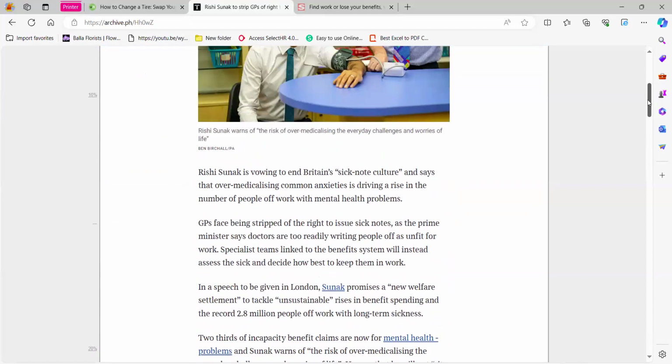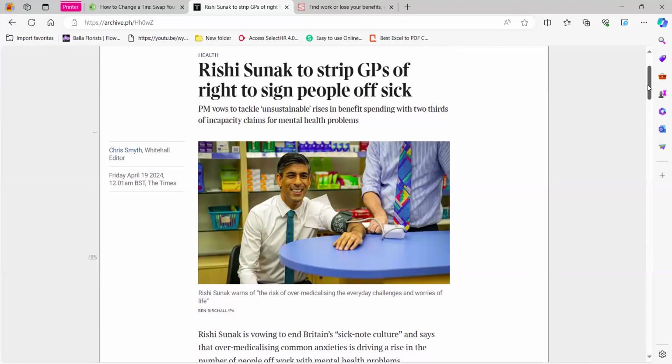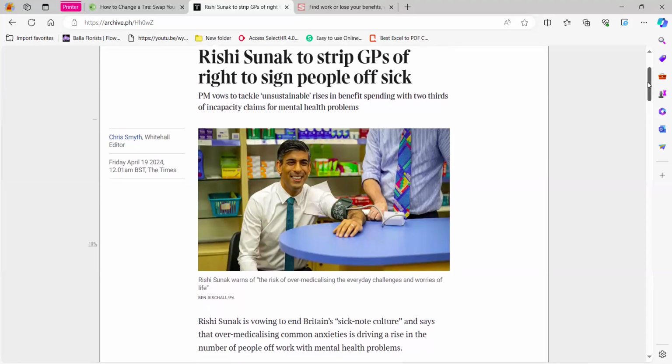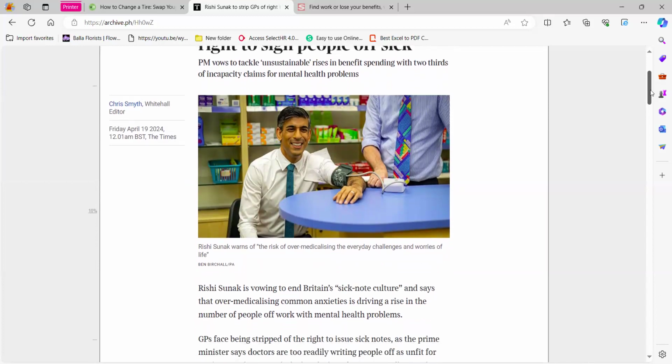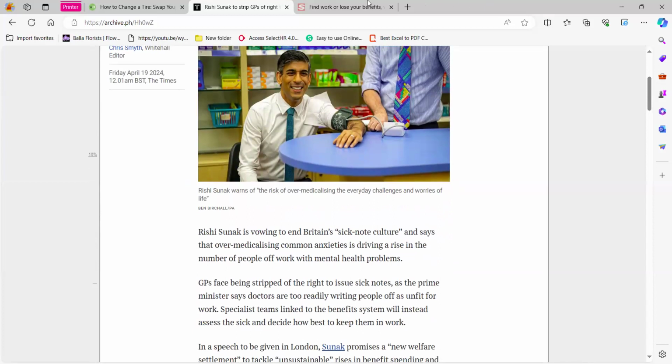Okay, you don't need to read all of it to identify, is this broadsheet serious journalism or tabloid journalism? What type of writing is it? Okay, if we're not sure, let's have a look at the other.